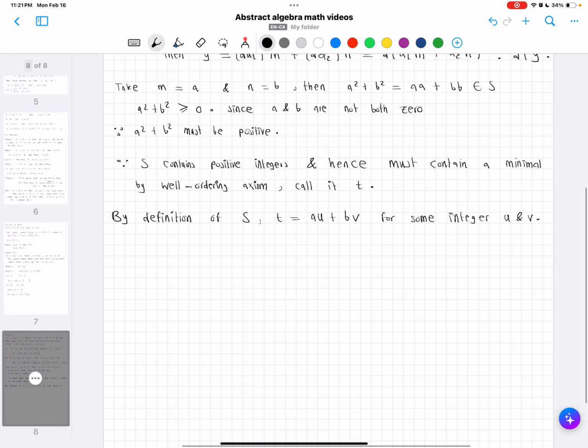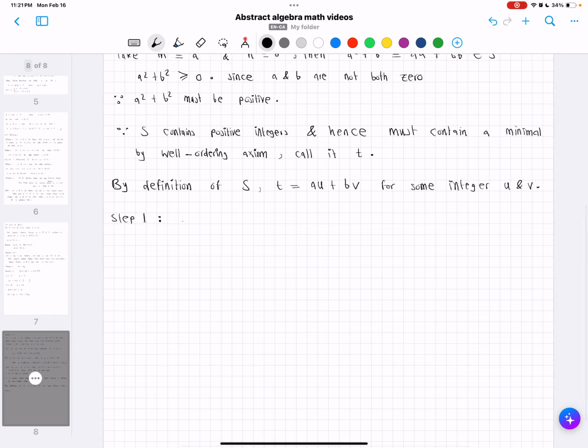We first show that this T is a divisor of both a and b. So step 1, we show that T divides a and T divides b.